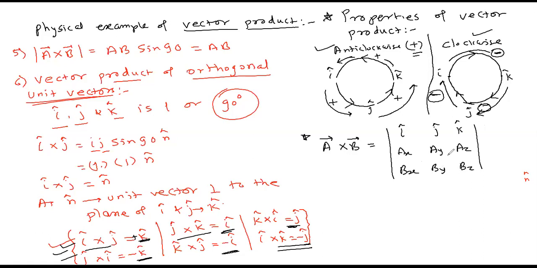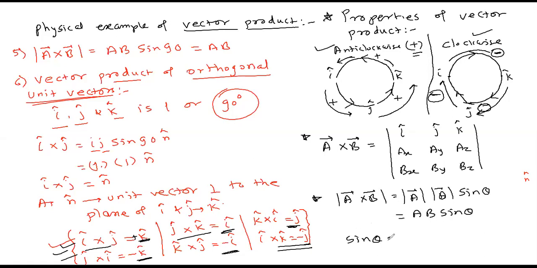This formula will be required while solving numericals. Then the next point is the sine of the angle between two vectors. The magnitude of A cross B is equal to the magnitude of A times the magnitude of B into sine theta, or simply AB sine theta. Or I can write sine theta is equal to the magnitude of A cross B divided by the magnitude of A times B.